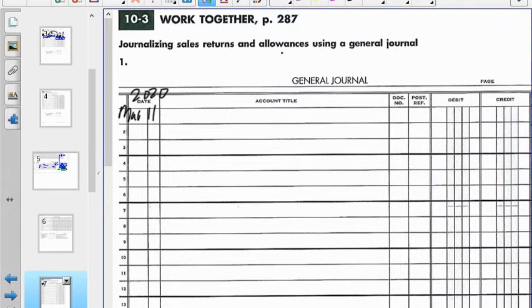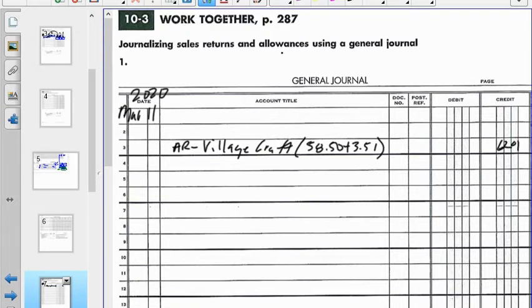So now the accounts receivable to Village Crafts is the total, right? It's going to be the $58.50, and it's going to be the sales tax that gets sent back in $3.51. So we're talking a $62.01 as a credit to accounts receivable.